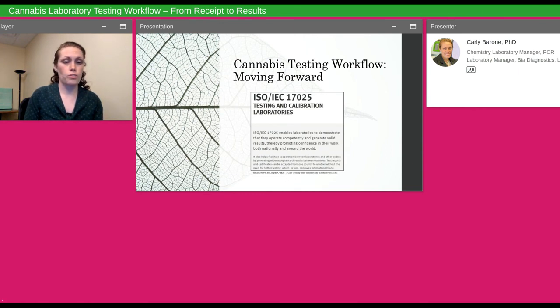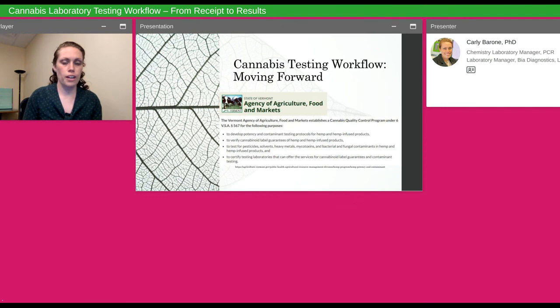ISO 17025 is great for laboratories, as well as, for example, in our state, we have a cannabis quality control program, which is similar to ISO 17025. And for our state, the regulatory body is the Agency of Agriculture. In other states, it's different. But this is essentially the same idea, validating methods, as well as keeping a quality control system in place.